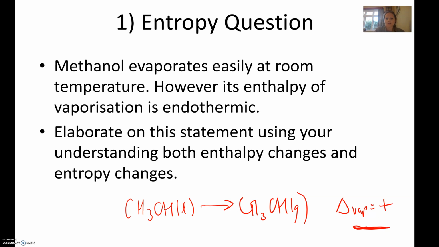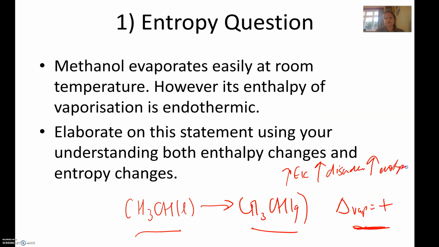The reason why there is a large increase in entropy, as you can see here, is that it's 1 mole of methanol forming 1 mole of methanol, so the same number of particles, but there's a state change. We know gas particles have a much greater kinetic energy because they move far more, therefore so much greater disorder, which increases the entropy.